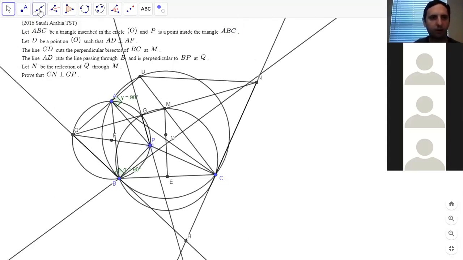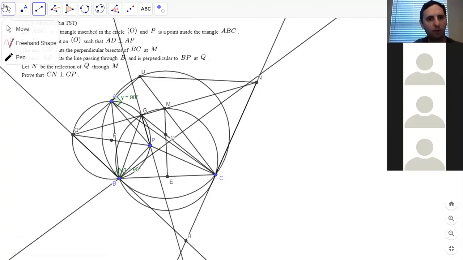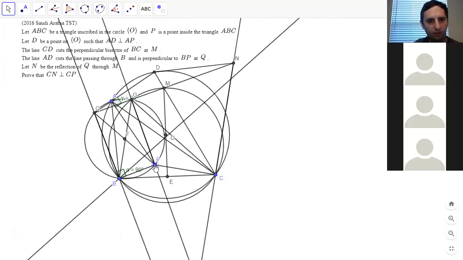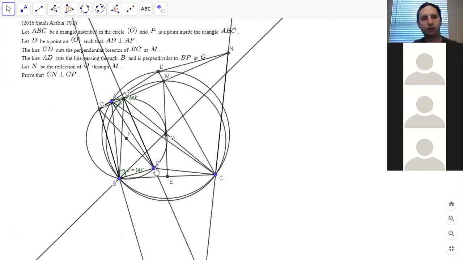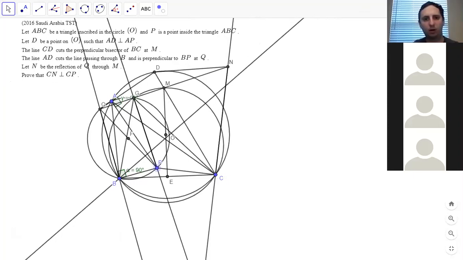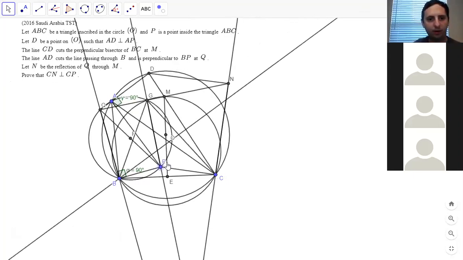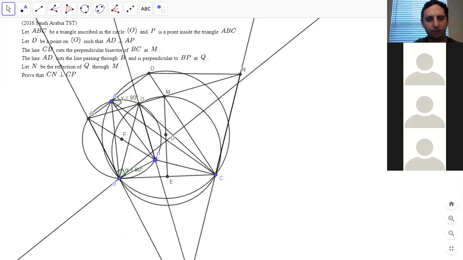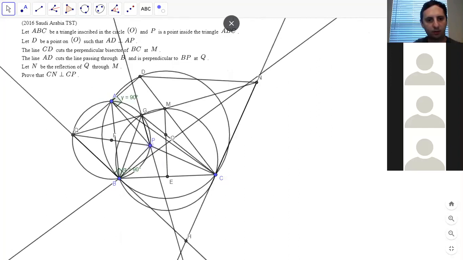Yeah, not necessarily. But it almost looks like it lies on the angle bisector at least. Let me move things around. Yeah, because this is not the in-center of GBC, but it still looks like it lies on the angle bisector. So that might still tell us something.